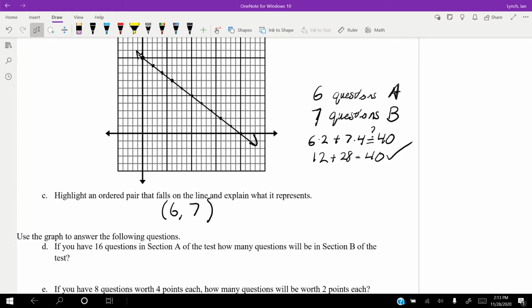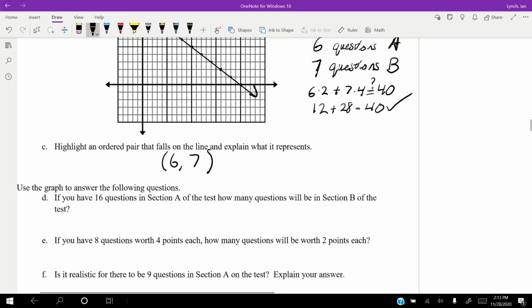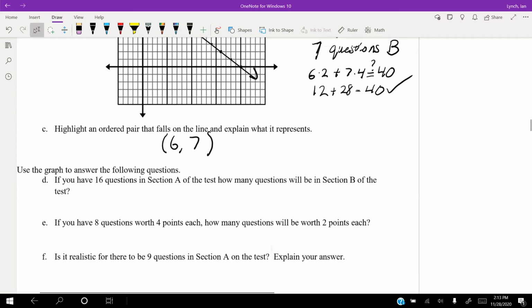Well, let's go up to y equals 8 and see what happens. So 5, 6, 7, 8. That means we have an x of 1, 2, 3, 4. So if we have 8 questions worth 4 points, then we're going to have 4 questions worth 2 points.